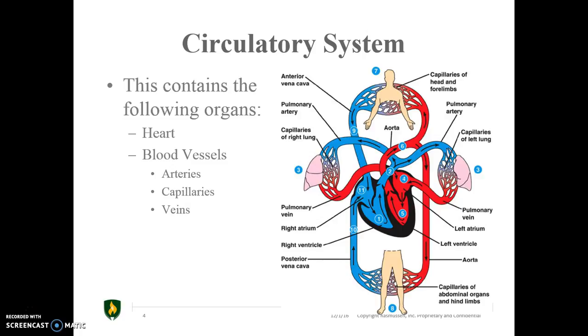So from your heart, blood will leave through arteries, and arteries are thick and they have elastic walls, which feel more like kind of a hard plasticky feeling, and they carry blood that is bright red. Arteries also have a pulse, which makes them easy to distinguish between a vein.